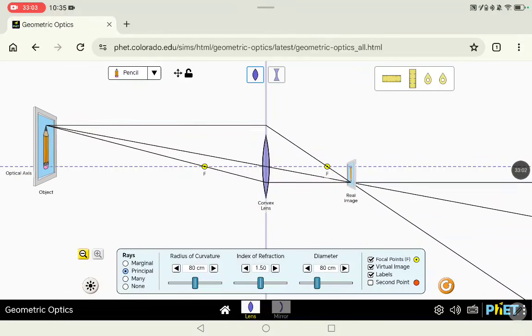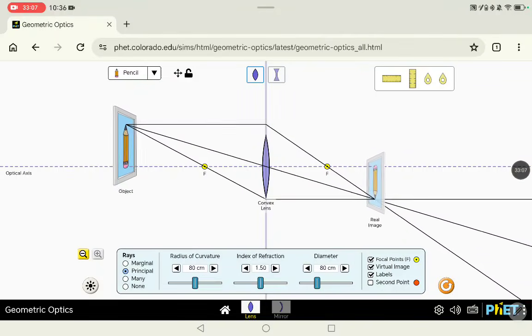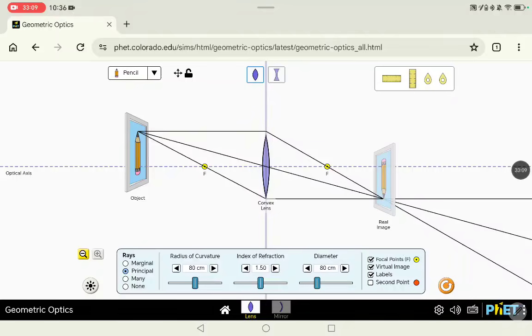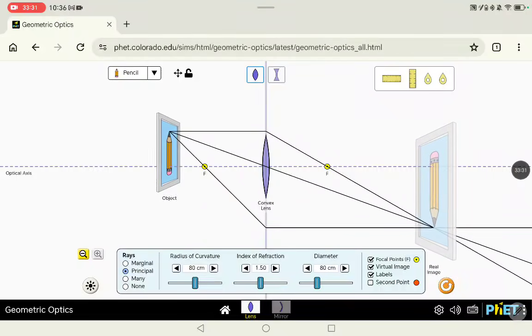Okay, look, I will take the object and move to the right to be at almost 2f. So if you are at 2f, again, it's a real image, it's inverted, but it's the same size. If you are at a distance less than 2f, to be accurate, between 2f and f, in this case, what do you notice here?